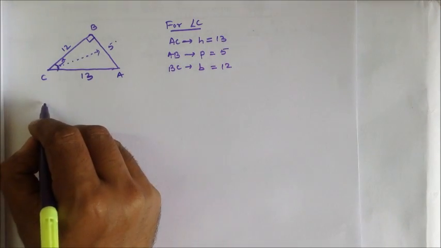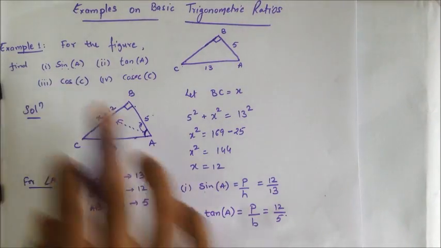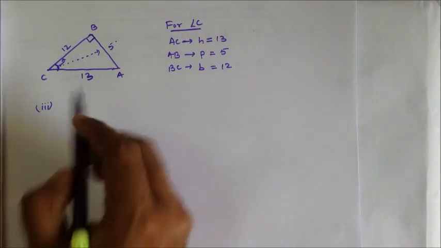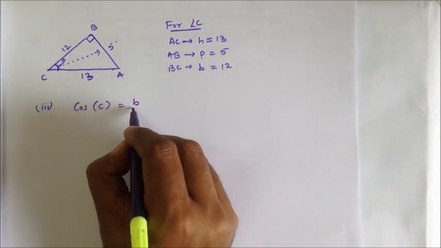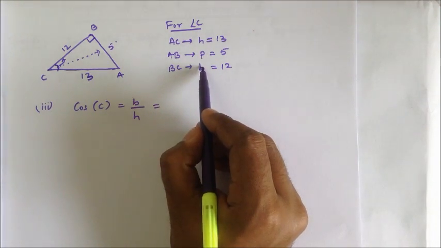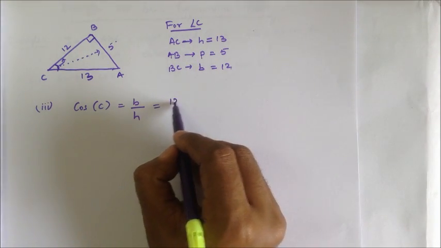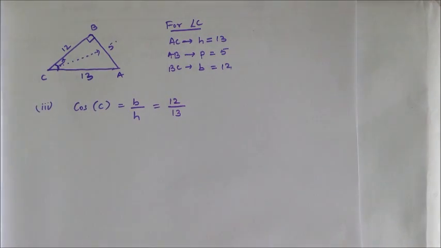Now the third part had asked us to find out cos of C. Now cos is the ratio between the base and the hypotenuse. The base is of length 12 and the hypotenuse is of length 13, and the answer is 12 by 13.